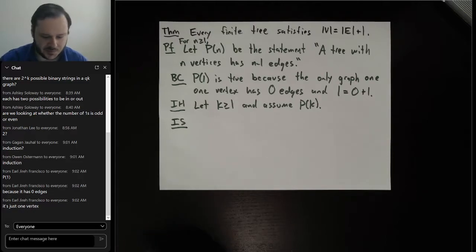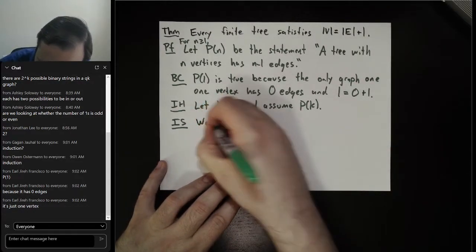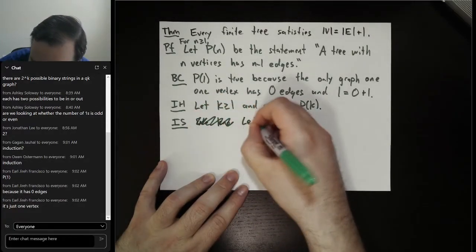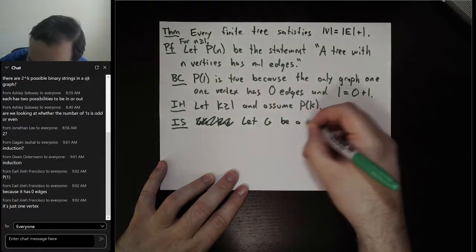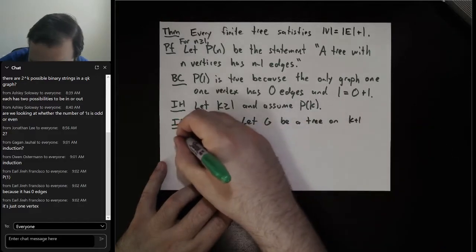Okay, in the interest of time, I'm going to spoil it. Let me start with: let G be a tree on k plus 1 vertices.